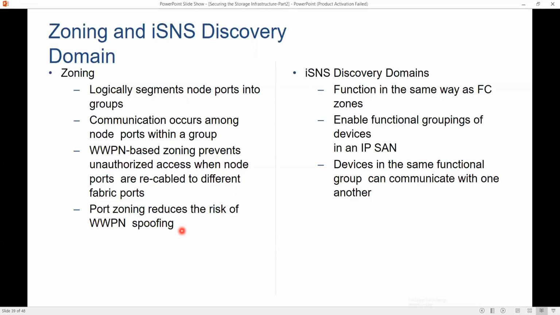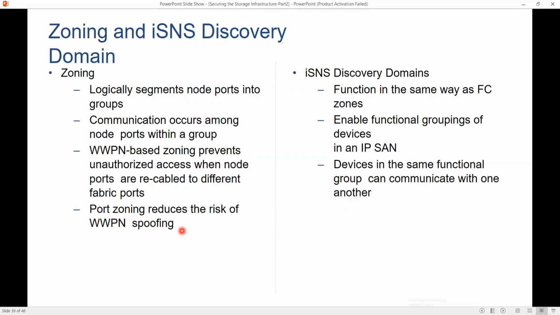In this case, what can happen is someone enters that particular area where one node is accessing the storage array. That server can behave as if it is that node, so that it can access that node's storage. So someone can mimic some other host, right?